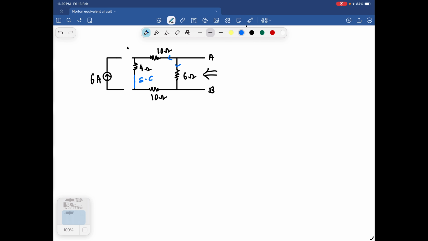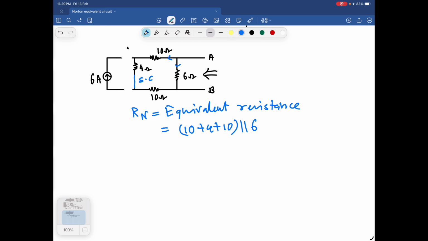So how? We can see 10 ohms, 4 ohms and 10 ohms are in series and it is parallel to 6 ohm. So RN, the equivalent resistance, is equal to 10 plus 4 plus 10 parallel to 6 ohms.